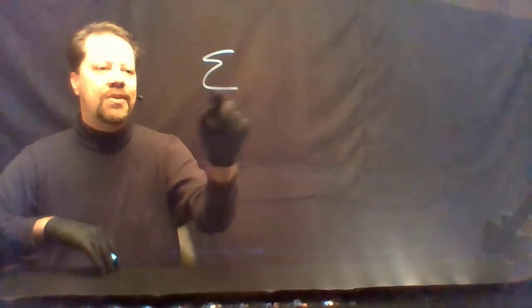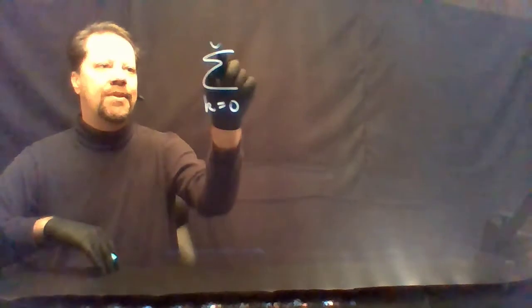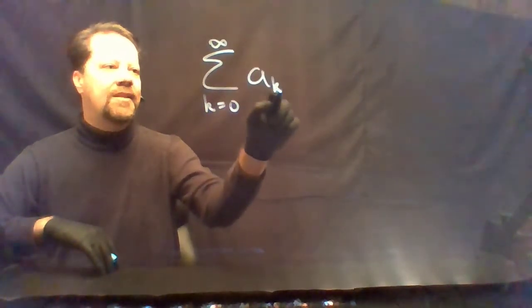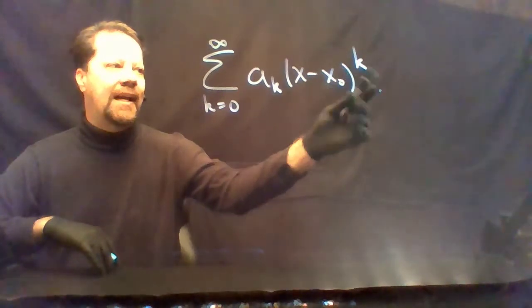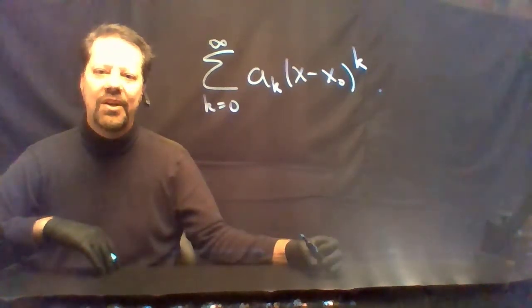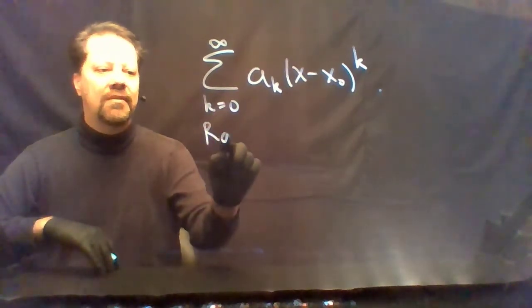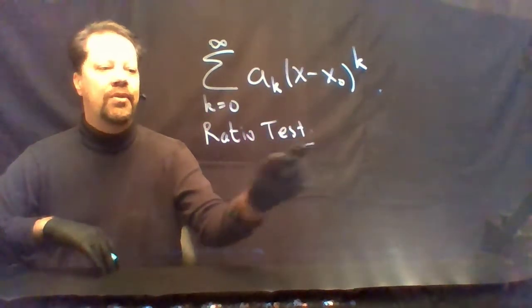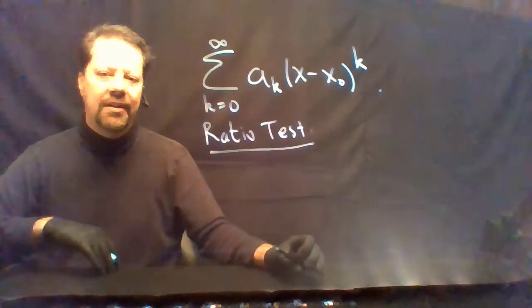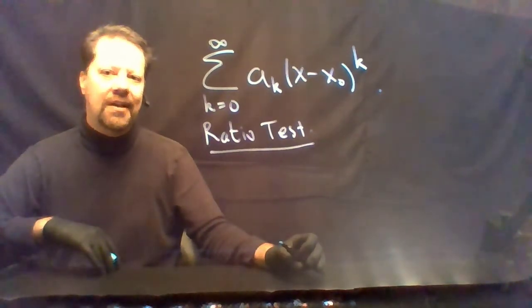Let's suppose we start with the sum as k goes from 0 to infinity, a sub k, x minus x naught to the power k. We can use the ratio test to determine the x values for which this series converges. And here's how we'll do it.